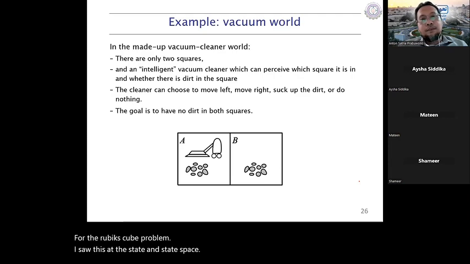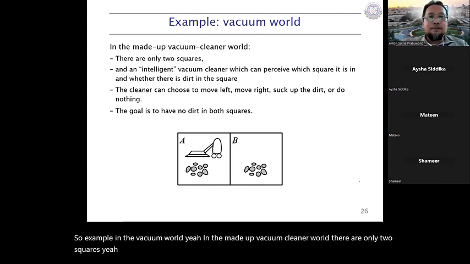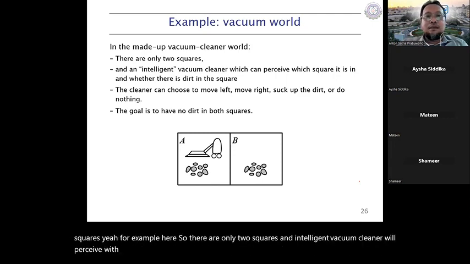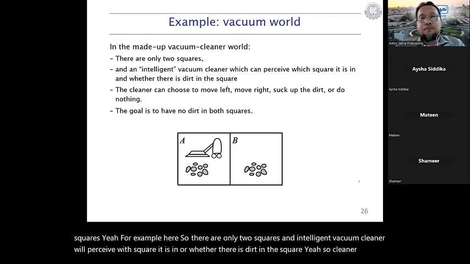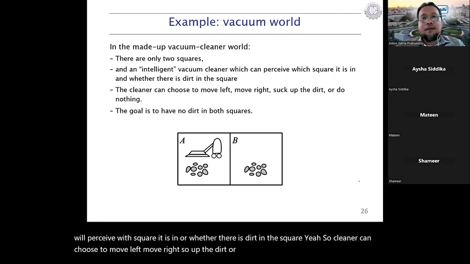So, for example, in the vacuum world, in the made-up vacuum cleaner world, there are only 2 squares. An intelligent vacuum cleaner will perceive which square it is in, or whether there is dirt in the square. So the cleaner can choose to move left, move right, suck up the dirt, or do nothing.